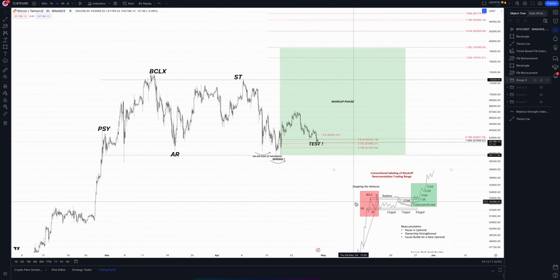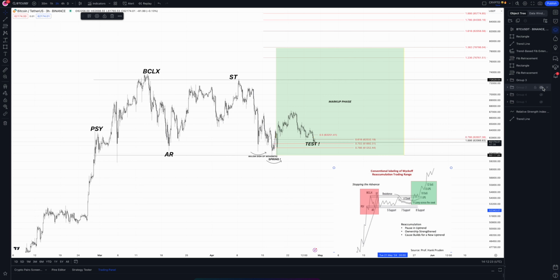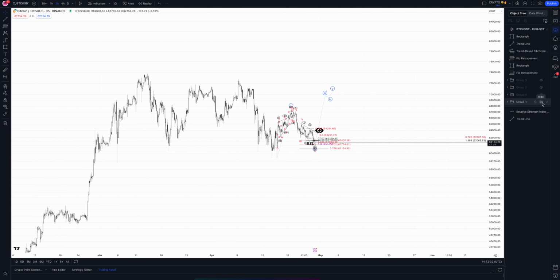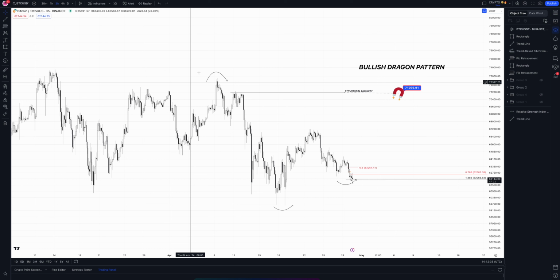Okay, now I do think there's still one more last wave up, a very big wave, and we still need to have that markup phase. We're now just grinding out a bottom over here. So let's take a look over here. Okay, we also have a bullish dragon pattern. Okay, so this is your head, and then you have a low.